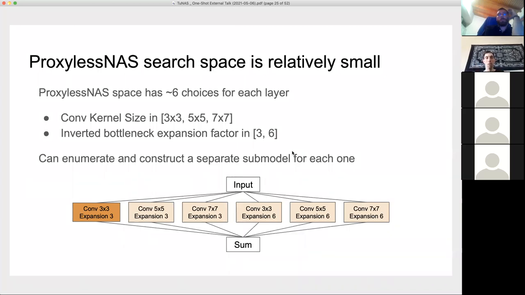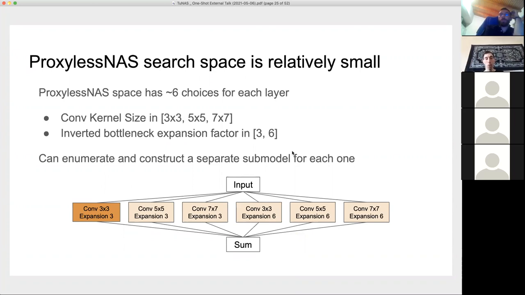So basically, you have three possibilities for the first choice, two possibilities for the second, and so we can just enumerate all possible combinations of these two choices. There are only 6 of them, and we generate a separate set of weights for each of these 6 choices.